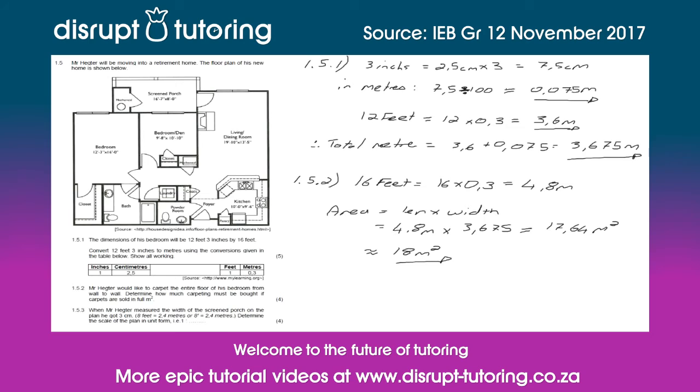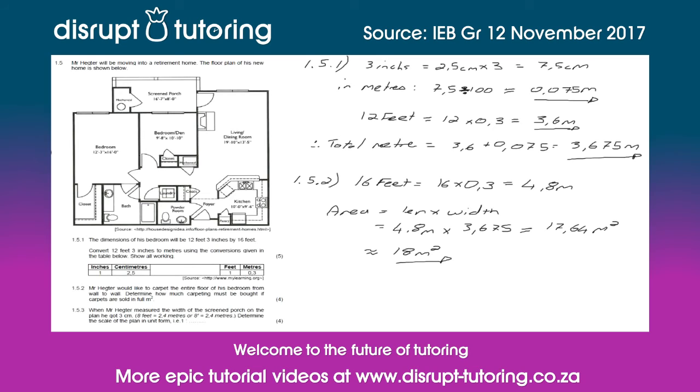So if we look at the map, they see that the screen porch here is 16 feet 7 inches by 8 feet. They've told us that 8 feet equals 2.4 meters. So Mr. Hedger had measured that this 8 feet is approximately, using the map, a distance of 3 centimeters. So now we have to work out the scale.